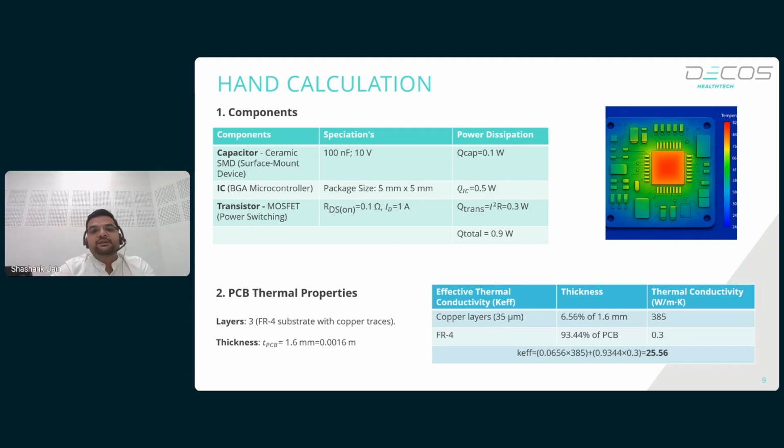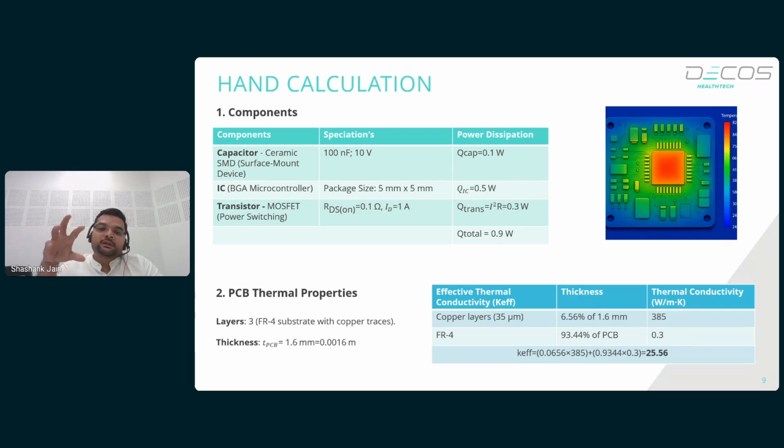The second value is the PCB thermal property. Now we know that my PCB is 1 inch by 1 inch and it is a three layer PCB. So obviously it consists of two components. The first material constituent I would say is copper. Another one is FR4. So if I'm considering that the total thickness of my PCB is 1.6 mm, then a single copper layer has a thickness of 35 microns. So three copper layers will have a thickness of 105 microns.